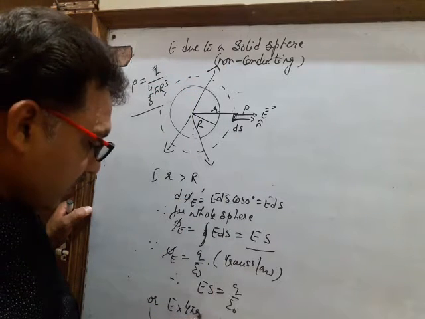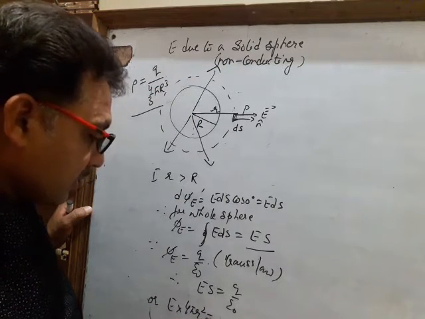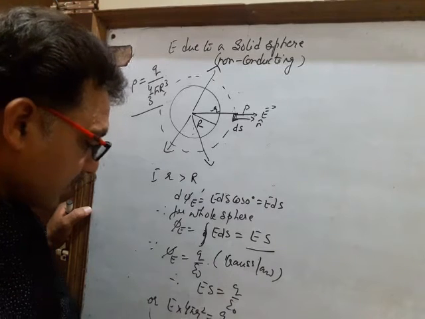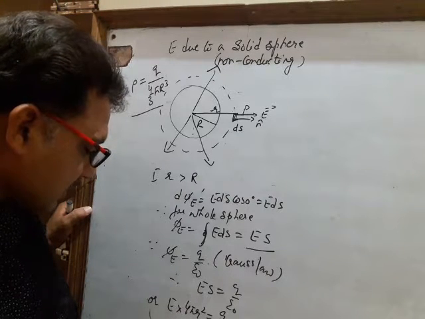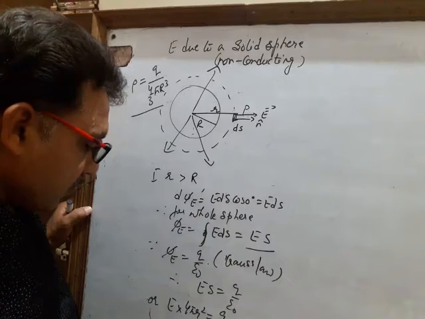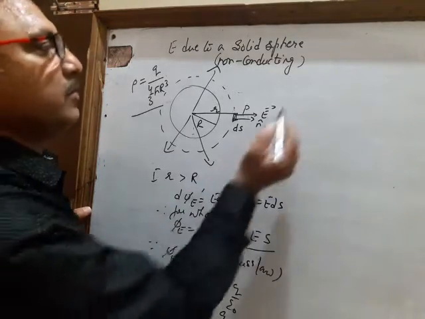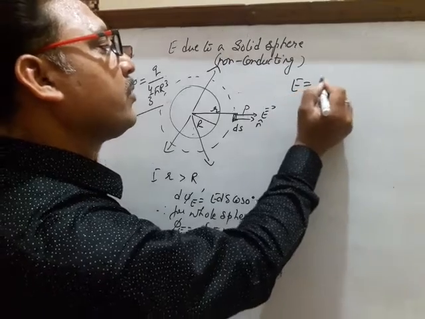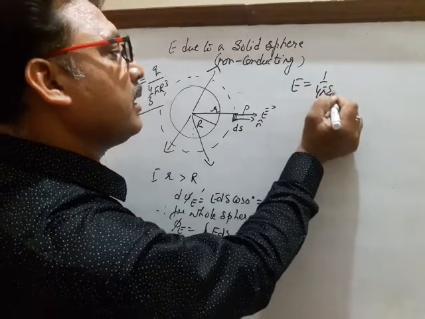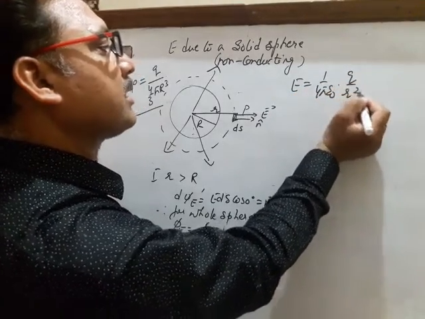Surface area 4 pi small r square, Q upon epsilon naught, or you can say E equal to 1 by 4 pi epsilon naught Q upon r square.